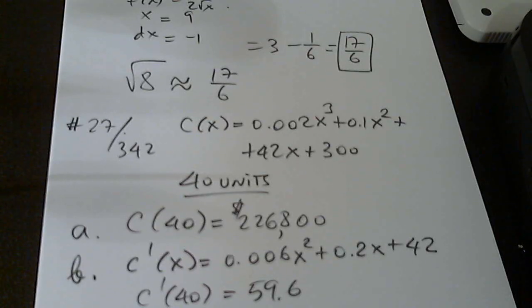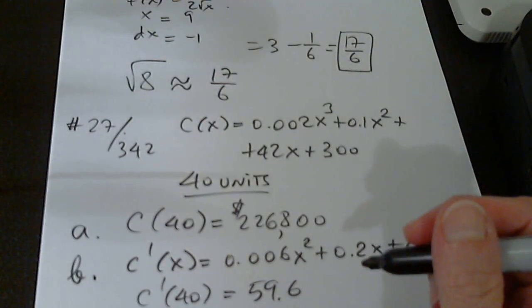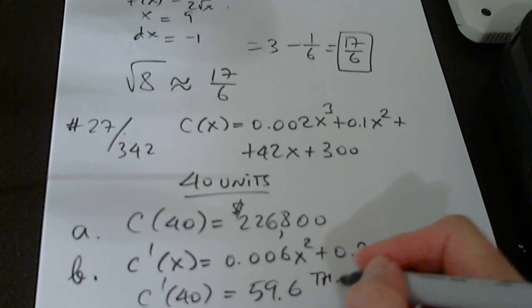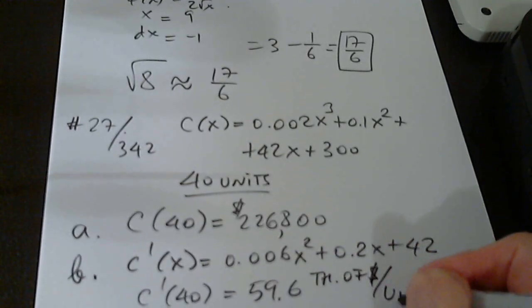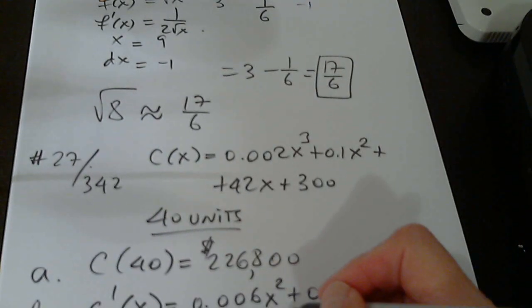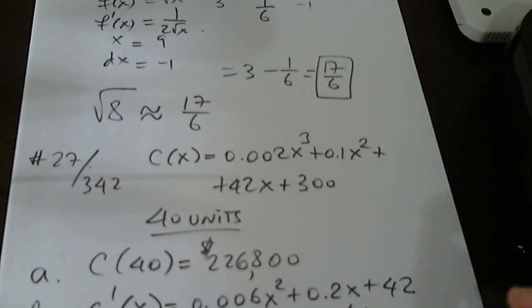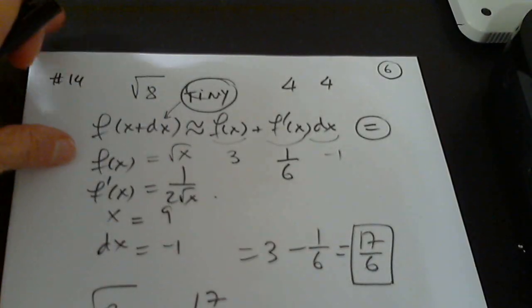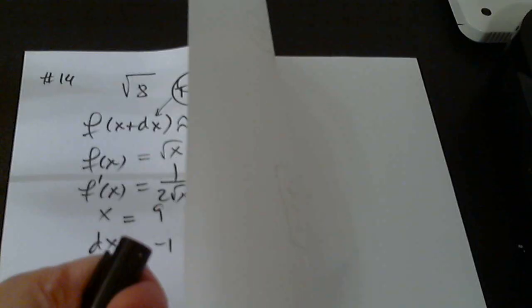Can anyone give it? The measurement unit. Dollars per unit? Yes, it's just that it's hundreds. Hundreds of dollars per unit. Okay, perfect. Part B. Thank you.